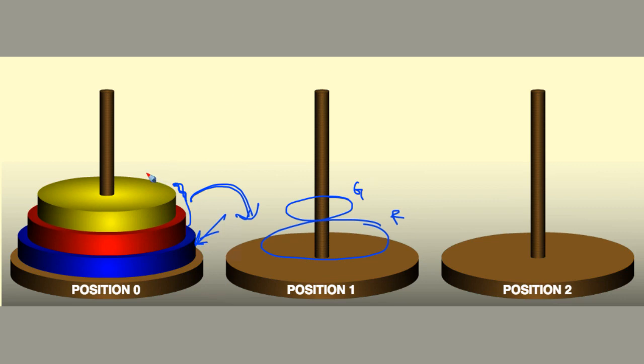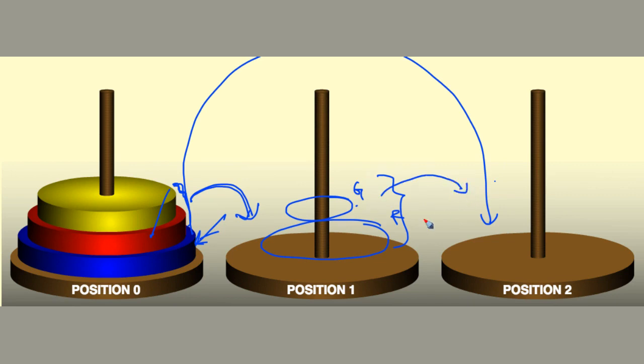When these 2 are removed, we can pick this blue and place it here, because that's 1 disk left. Now we have this green and red left here, and we need to get them back to position 2. That we cannot do in a single go. Again, the problem has been reduced.